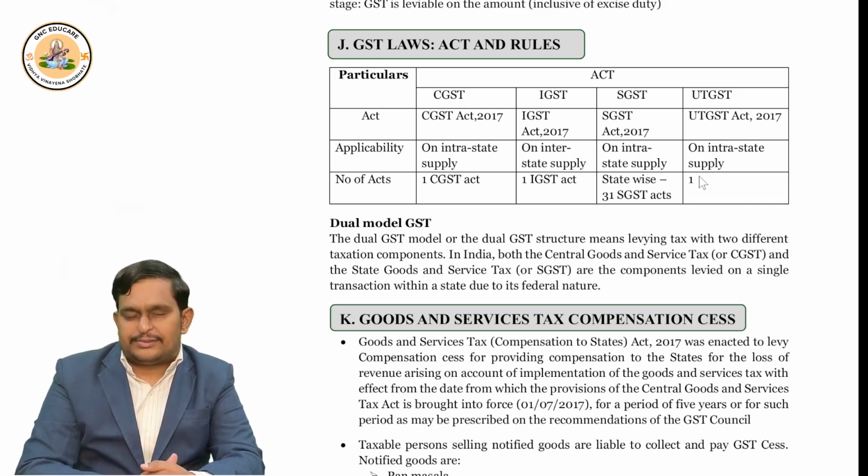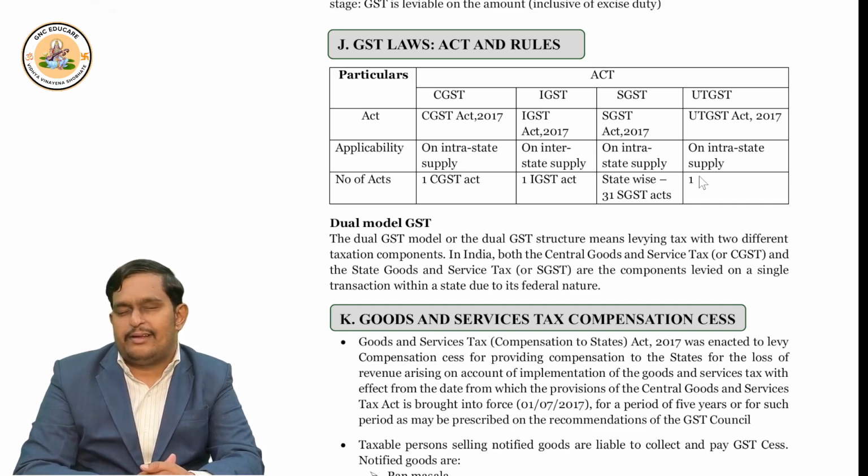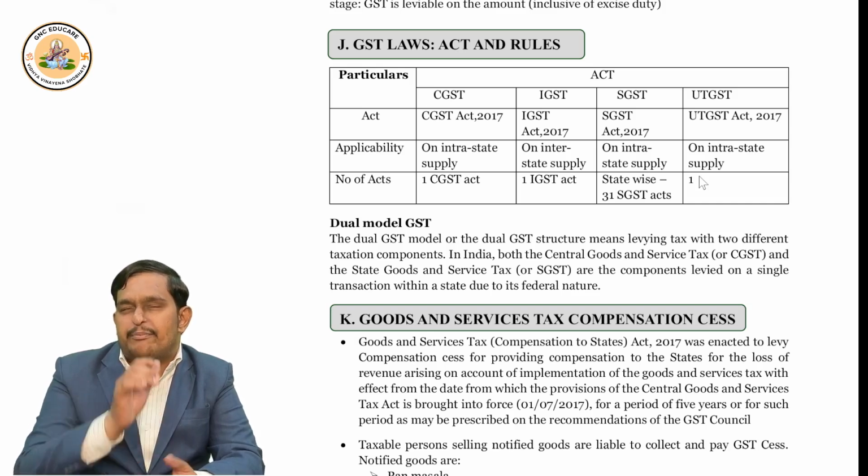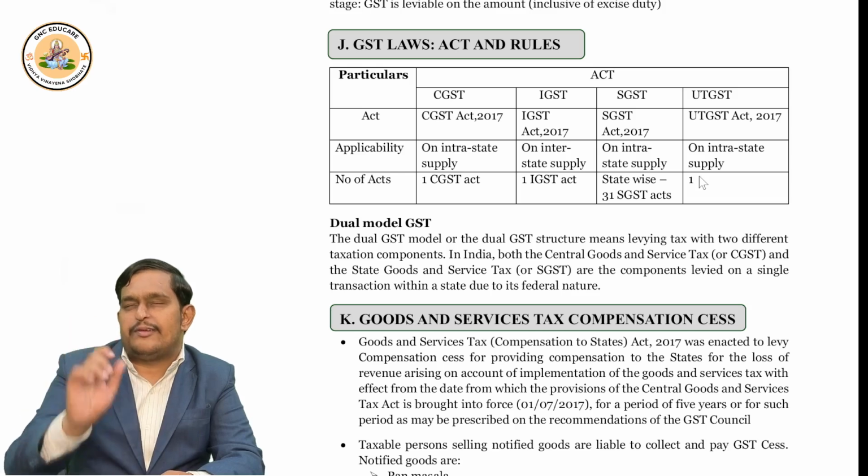And for that, a law was required, and they brought the law: Goods and Services Tax Compensation to States Act 2017. Right? Goods and Services Tax Compensation to States Act 2017.